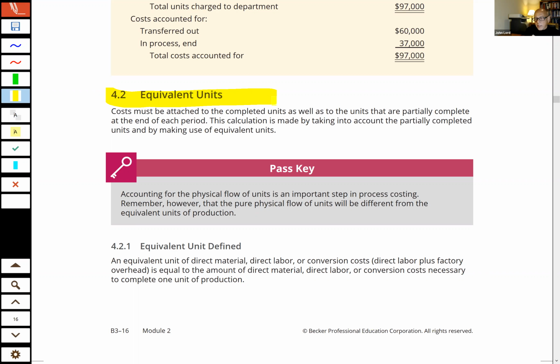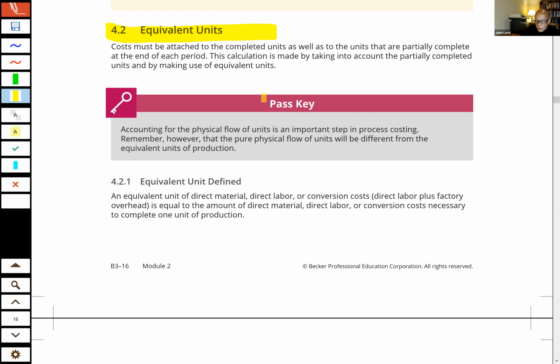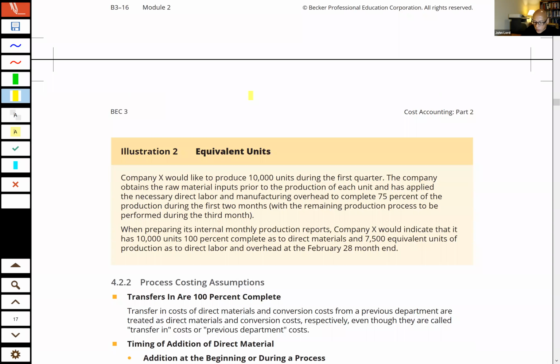Now, the actual calculation of the equivalent unit is very simple. If they told you that there were 10,000 units and that the 10,000 units were, say, 75% done, then that would be 7,500 equivalent units.